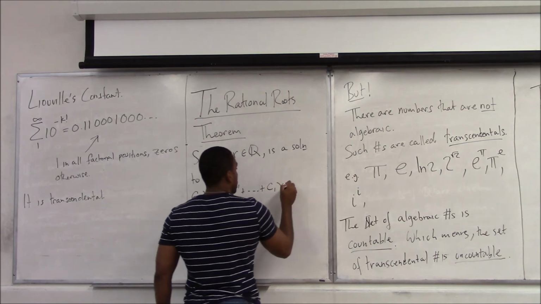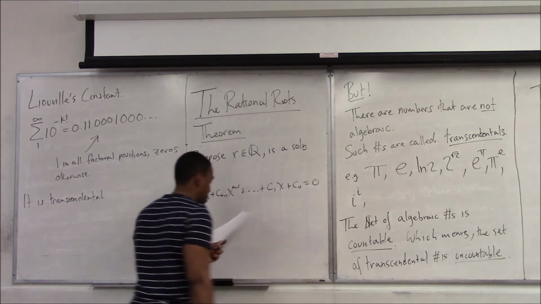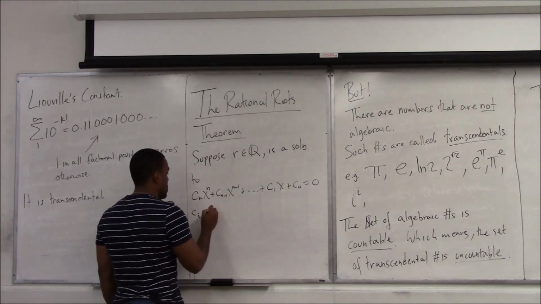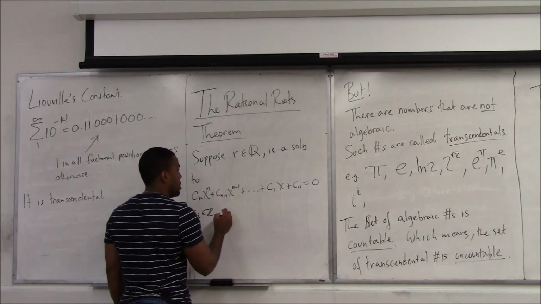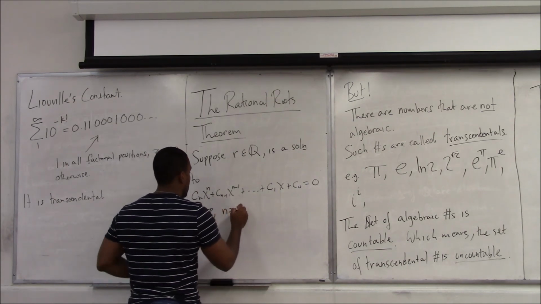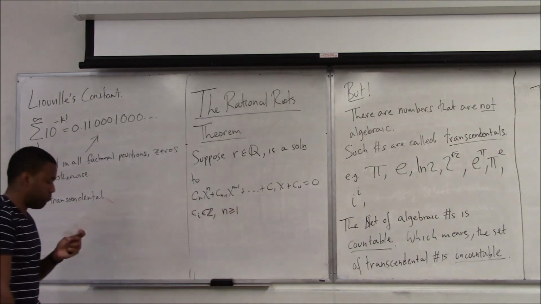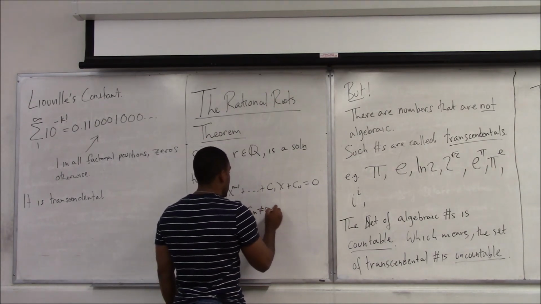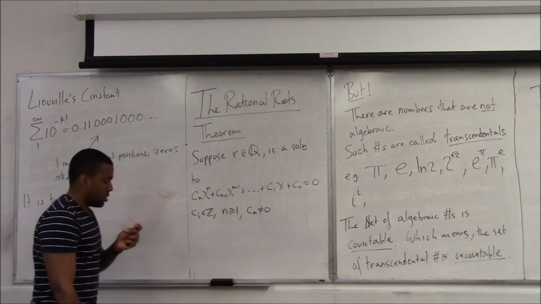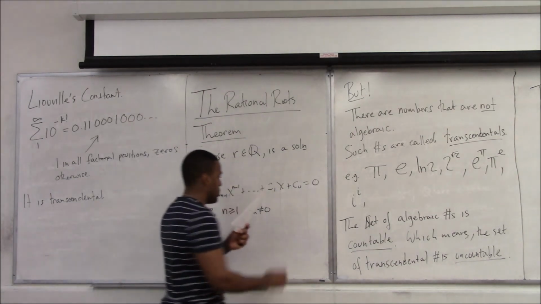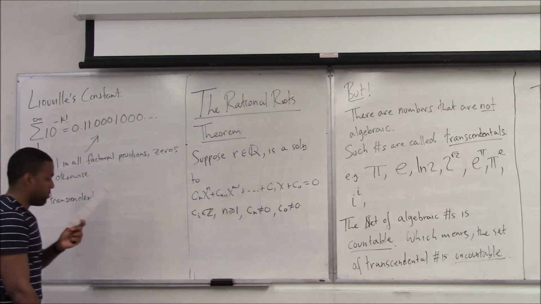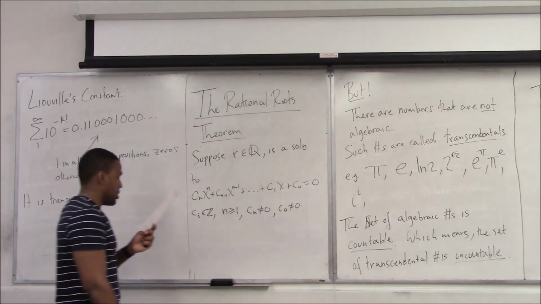Suppose you have a rational solution to some polynomial equation where each c_i is in Z, and n is greater than or equal to 1, c_n not equal to 0. So these are degree n polynomials, and c_0 not equal to 0. Okay, so suppose you have a rational root there.